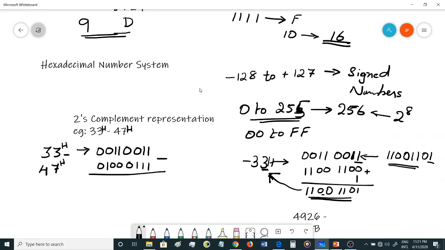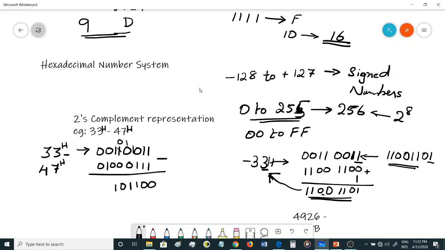When we subtract, 1 minus 1 you will get 0. 1 minus 1 you will get 0. 0 minus 1, you will have to take a borrow from over here. So this becomes 0, this becomes 1, this becomes 1 0. So 1 0 minus 1 is 1. 1 minus 0 is 1. 0 minus 0 is 0. 1 minus 0 is 1.